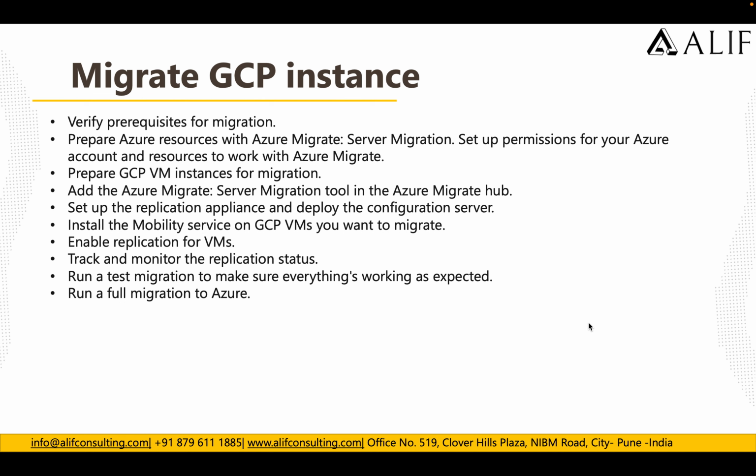Once you have migrated your VM, your VMs are still available in GCP, and you can still use them to validate all your data. However, once your VM is migrated into Azure and you want to actually use the Azure VMs, you might need to make some changes at the network level, the DNS level, or maybe at another infrastructure level to have your application up and running directly from the Azure VM.